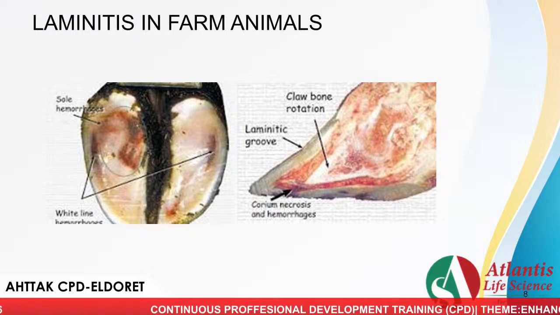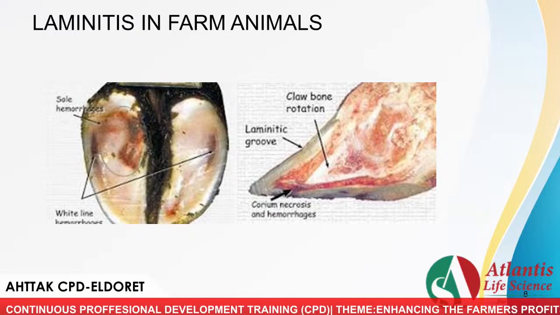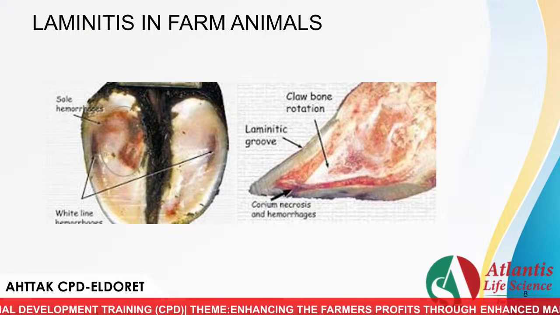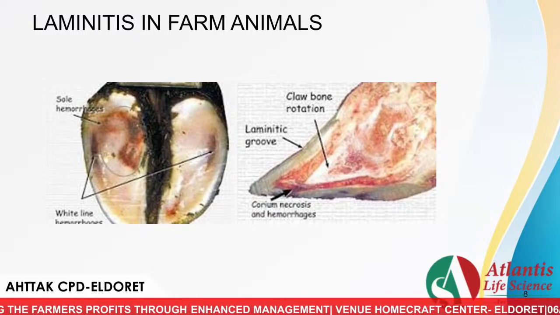So we have the corium necrosis and hemorrhages, and there is now the coffin bone rotation, because this is where the structure, the pedal bone, is. Because the attachment, the lamina here, has been affected, it has undergone necrosis.